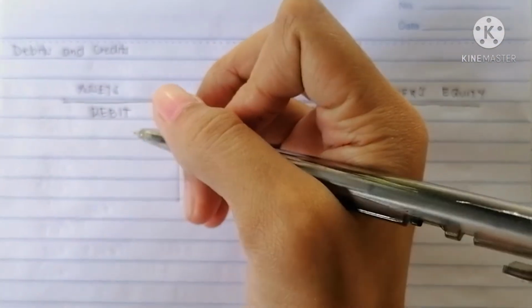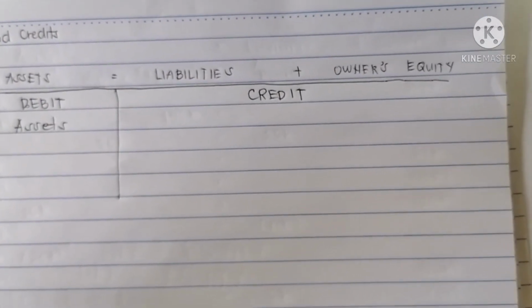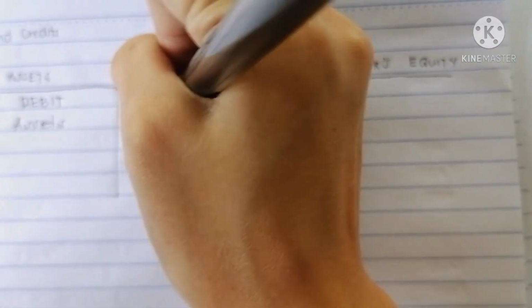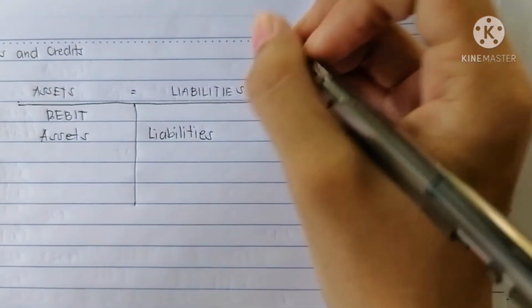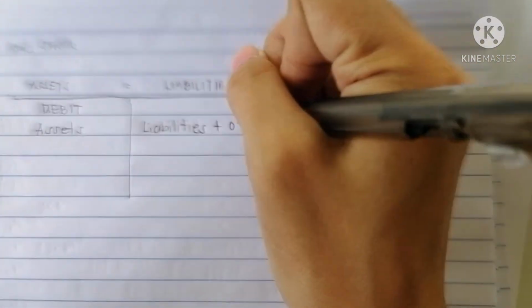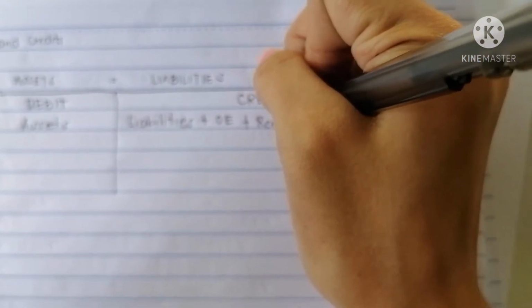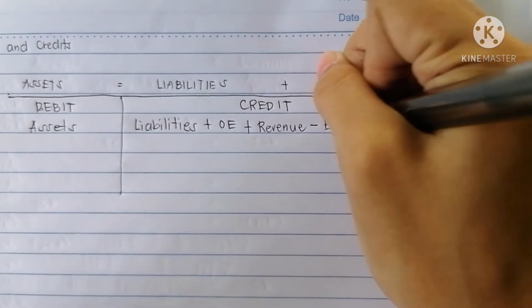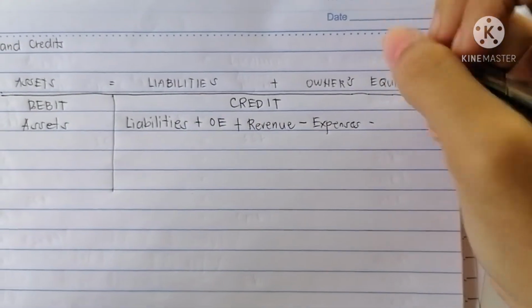So in debit, we'll have the assets. Then in credit, we will have the liabilities plus owner's equity plus revenue minus the expenses and minus the withdrawals.